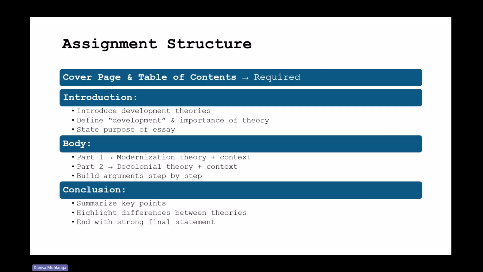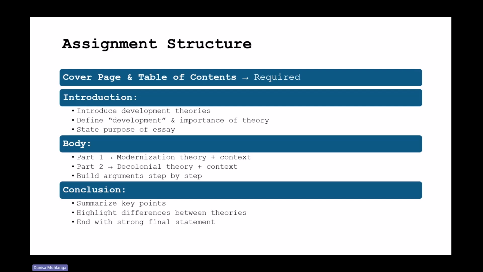This essay will explain modernization theory and decolonial theory, analyzing the specific historical and political context from which they emerged, and highlighting their contrasting approaches to development. So your introduction doesn't have to be so long. Just introduce development theory, define it, and state the purpose of the essay or assignment.